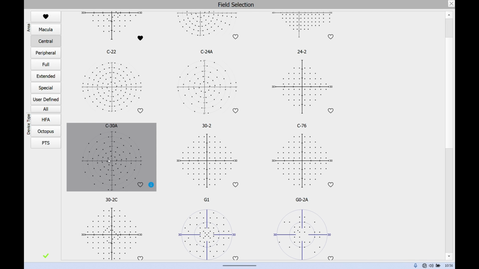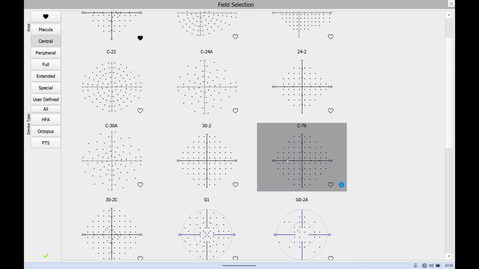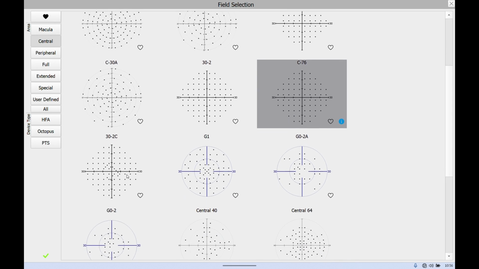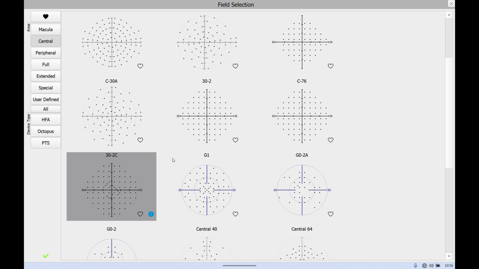Then again, we have C-38. This is the equivalent in radial scale of the 30-2. Then we have C-76. This is more or less 30-2. Then 30-2C. This is the 30-2 plus 10 additional points within the center.